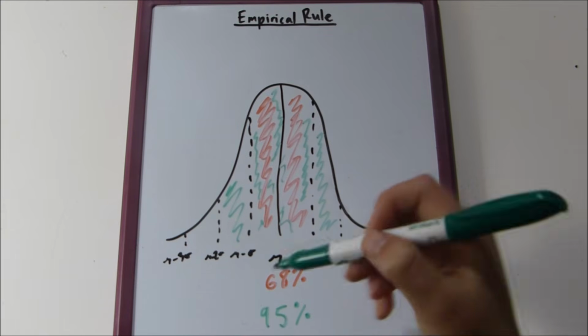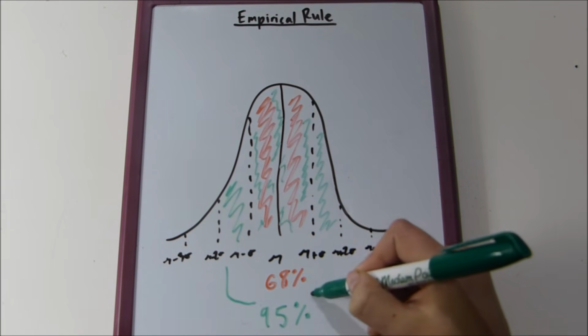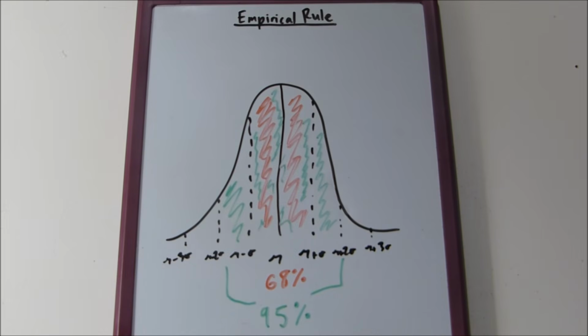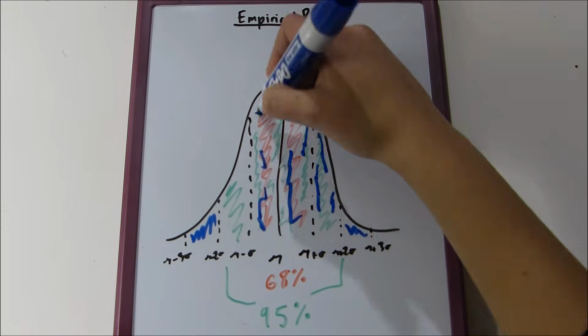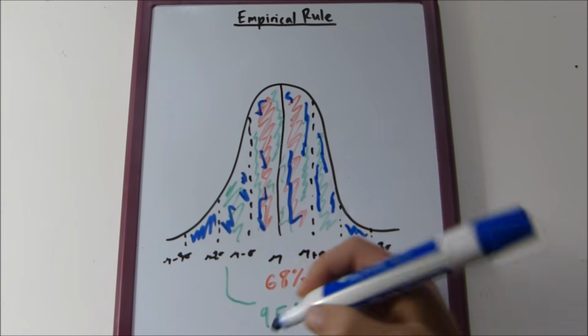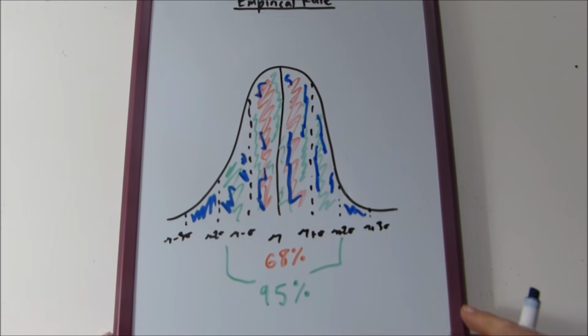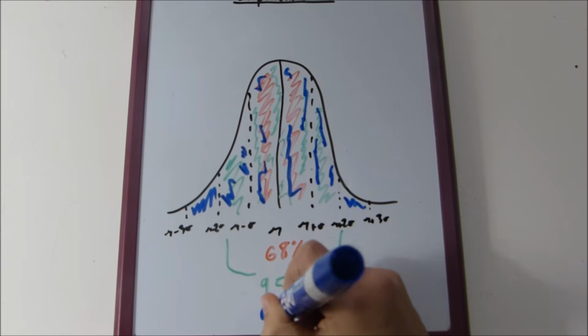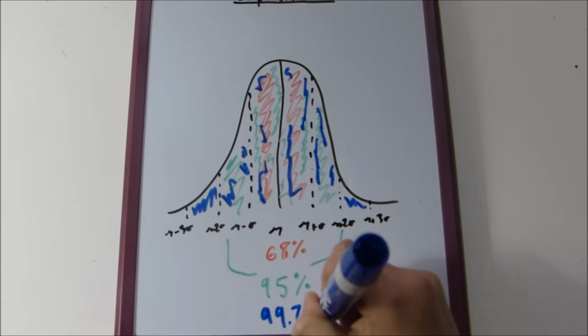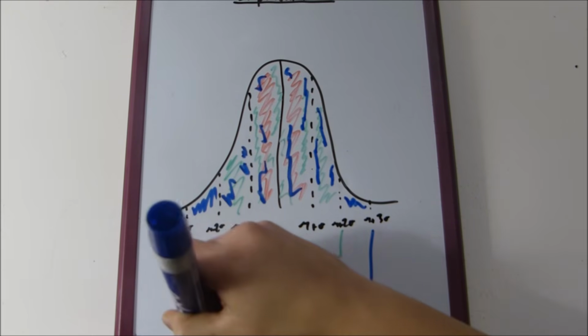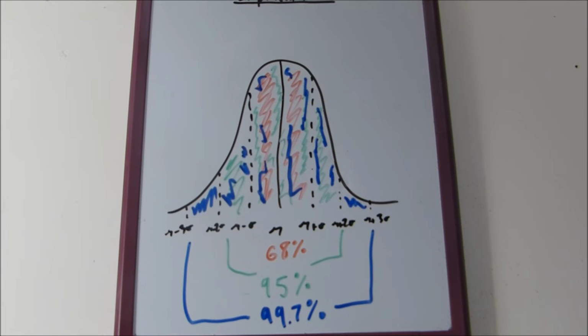So they're all in here. And it says approximately, can you see that? Move up. Approximately 99.7% of the observations are within 3 standard deviations of the mean.